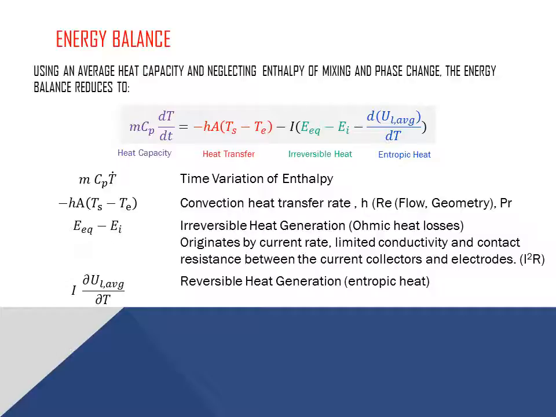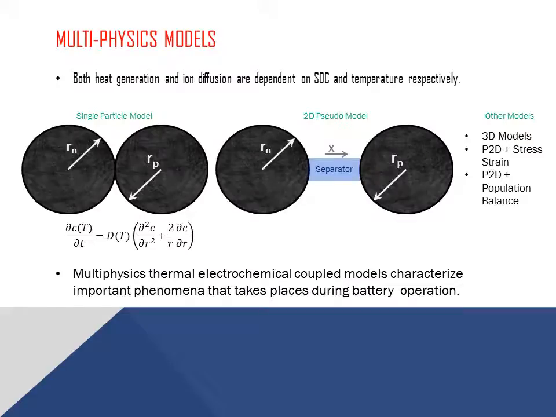We are now ready to give a step up in complexity and move to multiphysics models. Multiphysics models couple the mutual dependency of heat generation and ion diffusion on SOC and temperature respectively. Therefore, they represent a significant increase in accuracy from previous models.